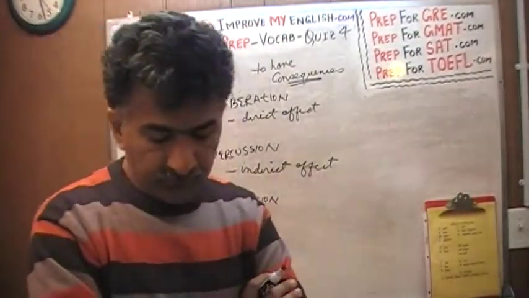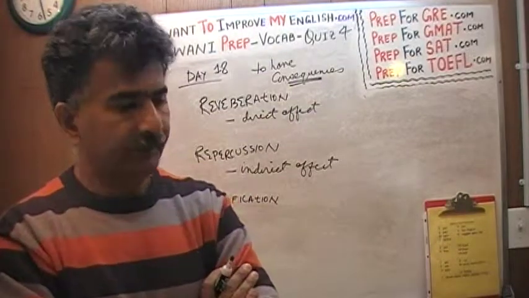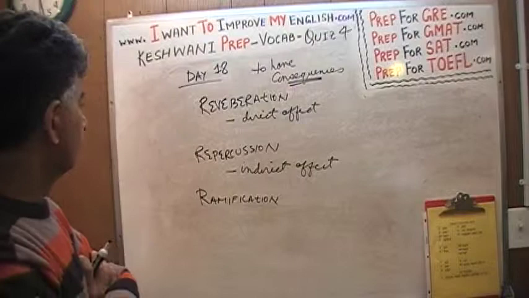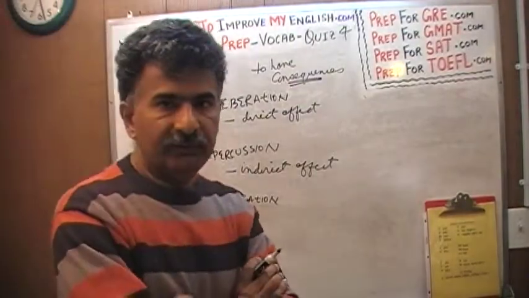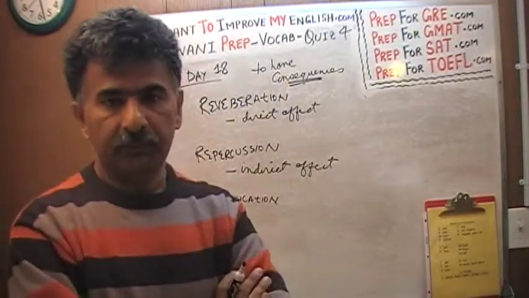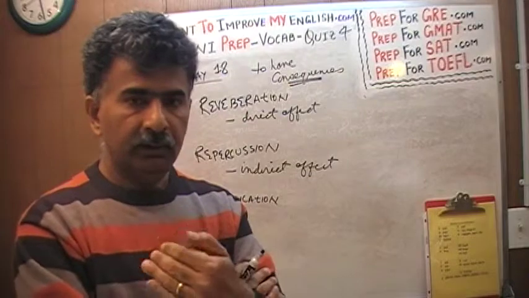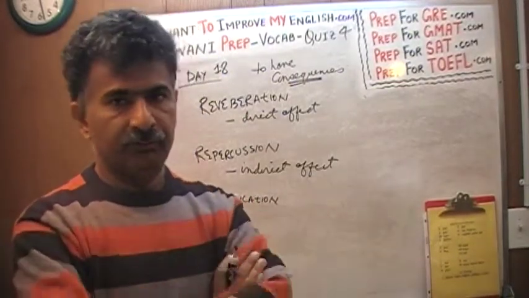I'm trying to think of a better example than I did last time, between reverberation and repercussions, but you get the idea. If you do something, then as a result of it, something follows immediately right after that. That's a direct effect, and that's reverberation. Indirect effect is something as A causes B and then B causes C. That's called repercussions. Do you understand?